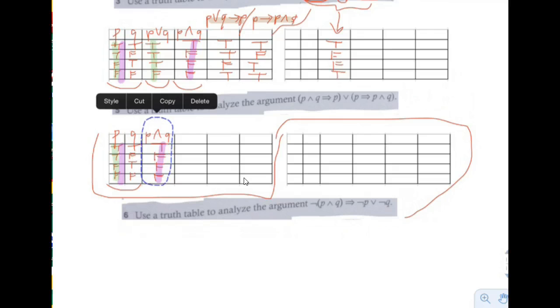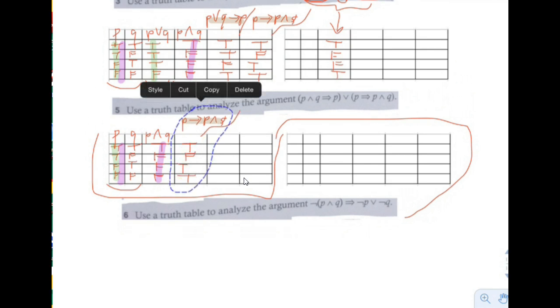Maybe we need a P implies P and Q, because we had one up there. We'll copy this too. Copy, paste. Anything else we need? P and Q implies P. That's very similar to that one, isn't it? So the last thing we need then is this one, P and Q implies P.